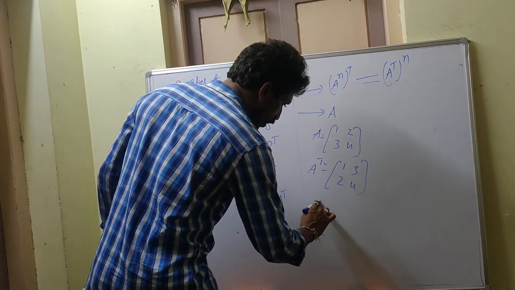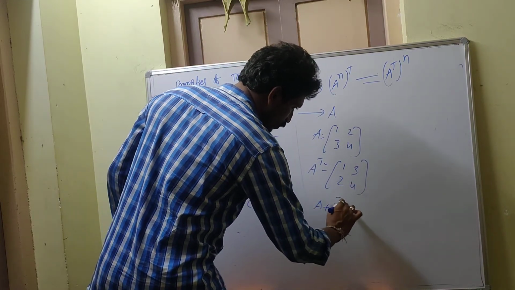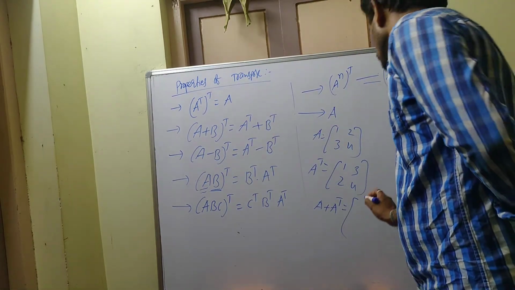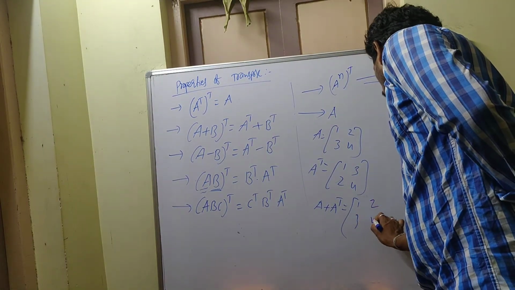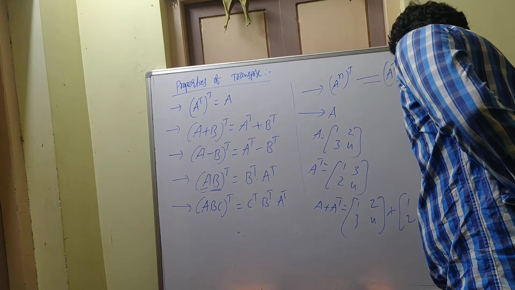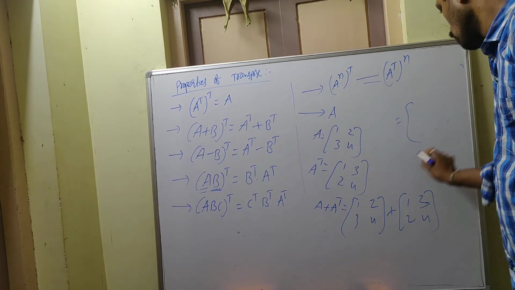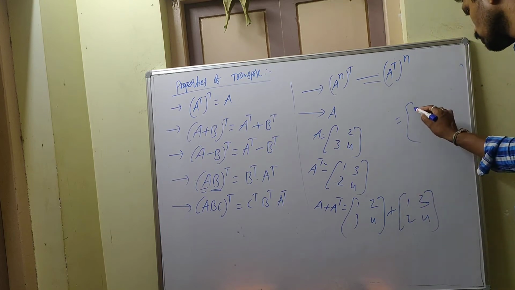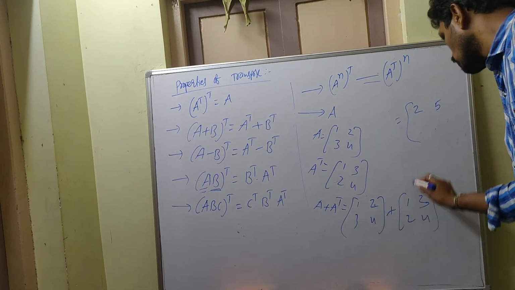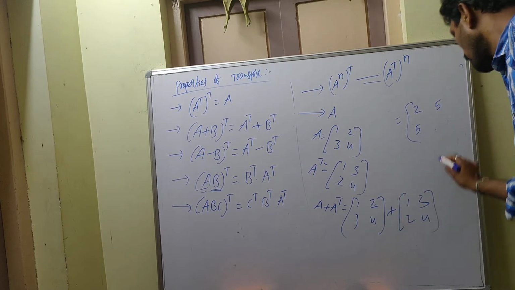If you add these, A plus A transpose, what you have? 1, 2, 3, 4 plus 1, 3, 2, 4. So 1 plus 1, 2. 2 plus 3, 5. 3 plus 2, 5. 4 plus 4, 8.